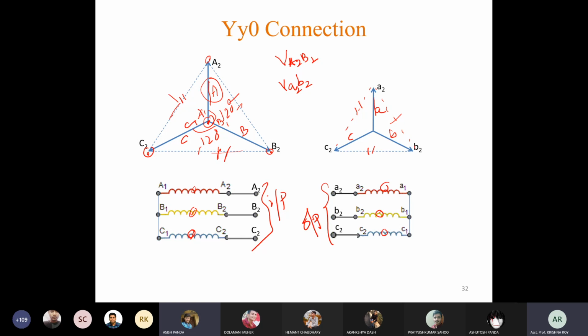So small A2, B2, C2 are the output terminals of the secondary side, and capital A2, capital B2, capital C2 are the inputs to the high voltage side, because this is the primary and this is the secondary. Okay, now you have to draw the neutral line if you require.